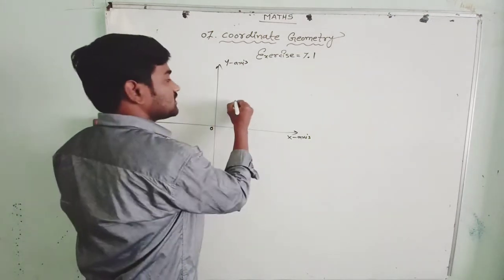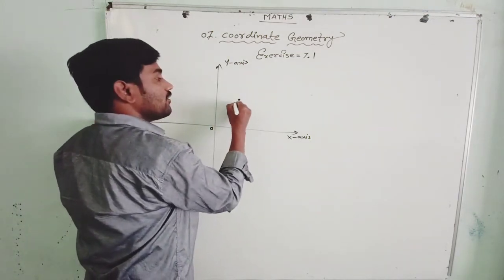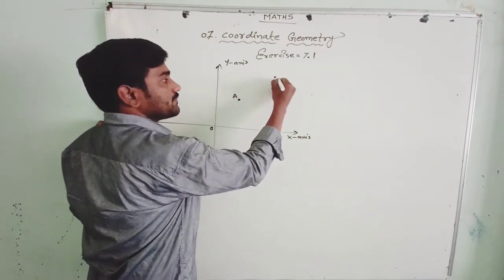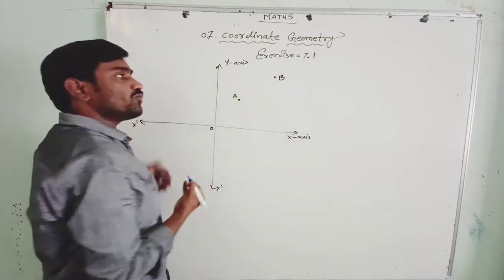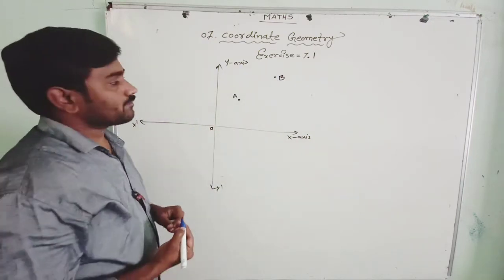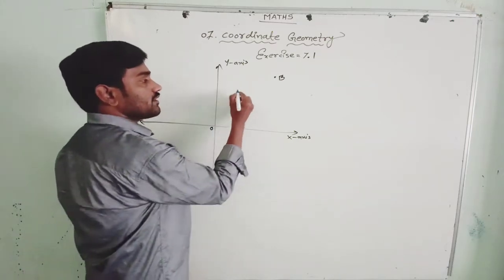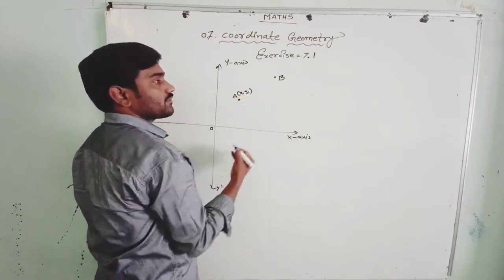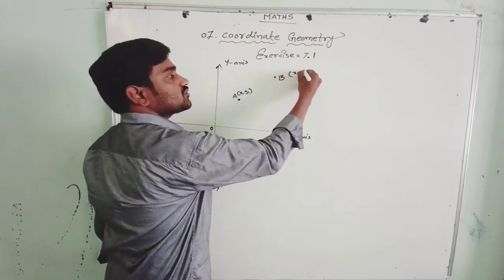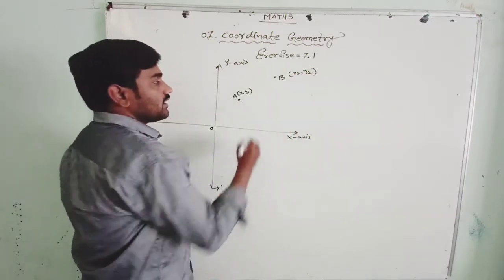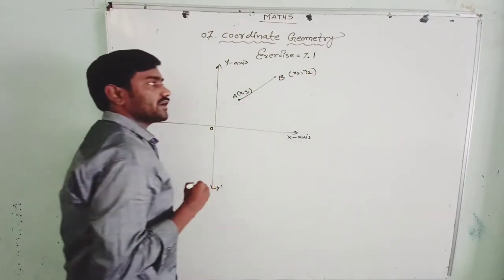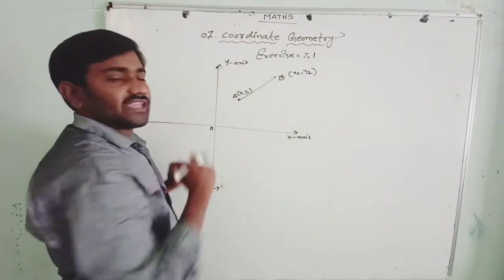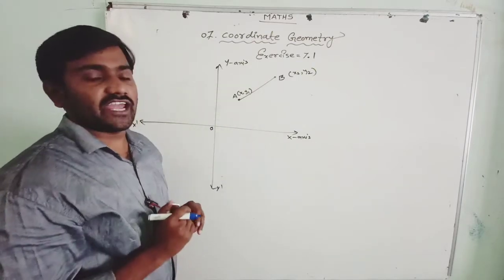Let us take 2 points here, point A and point B. Let us write point A as x1 comma y1, and point B as x2 comma y2. Let us join these 2 points on the graph. There you will have units and subunits, so you can easily calculate the actual distance between A and B.